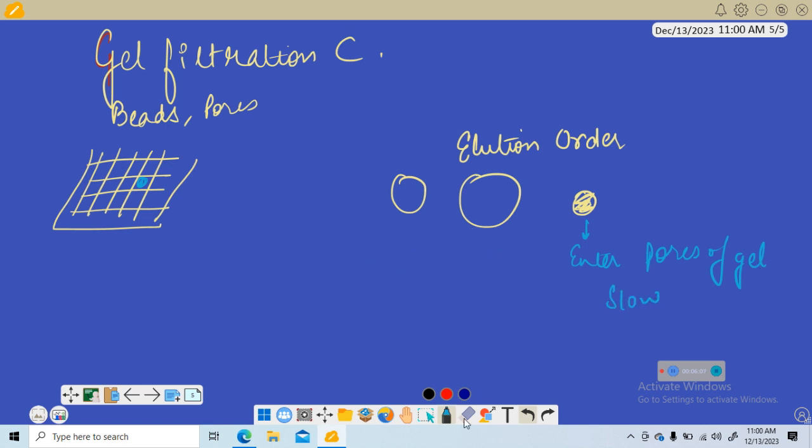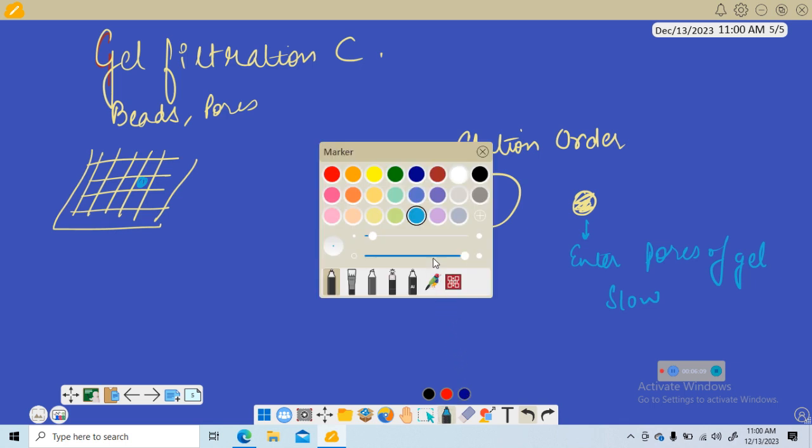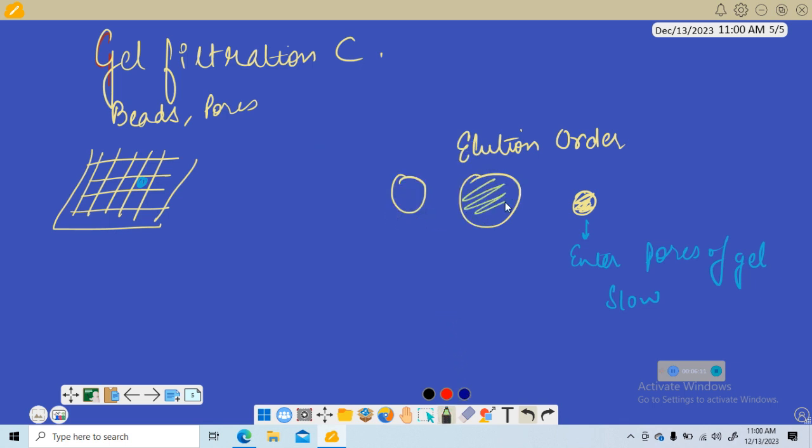And if I take the largest molecule, this molecule is too large to get trapped inside the pores, or you can say the stationary phase. The stationary phase is basically pores only.